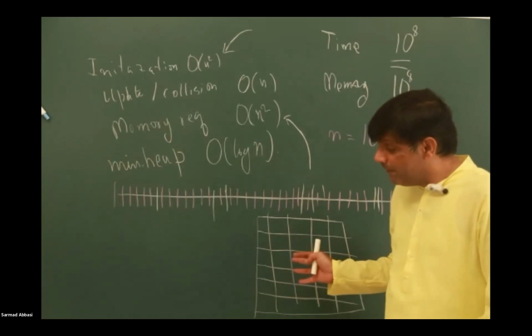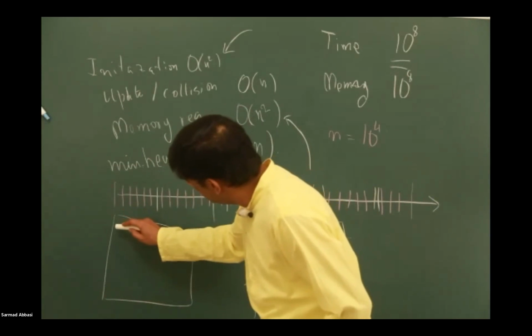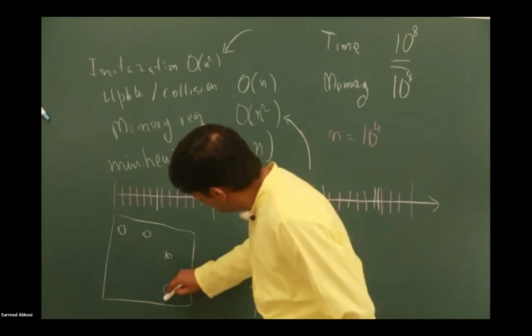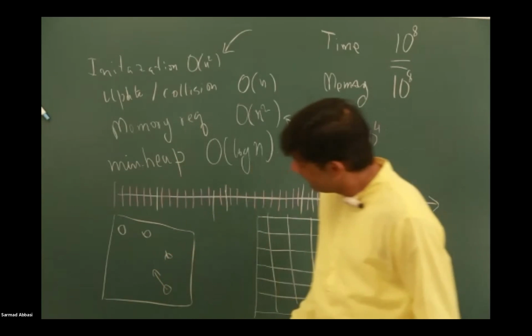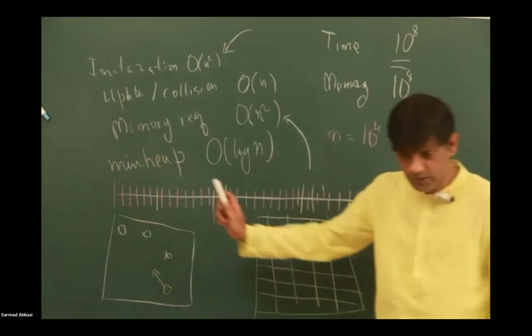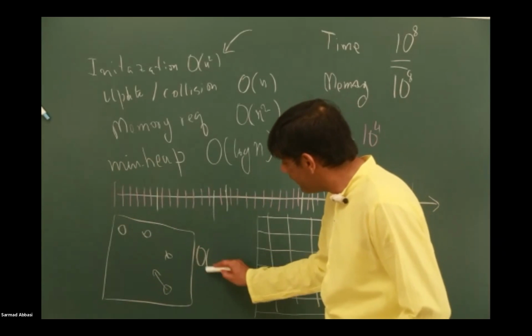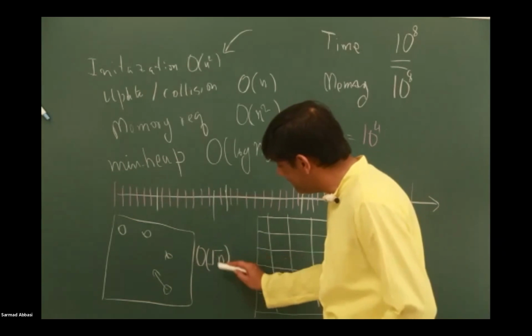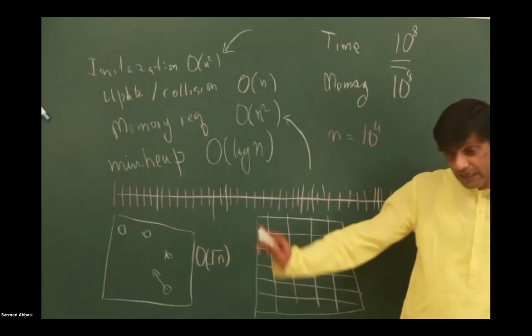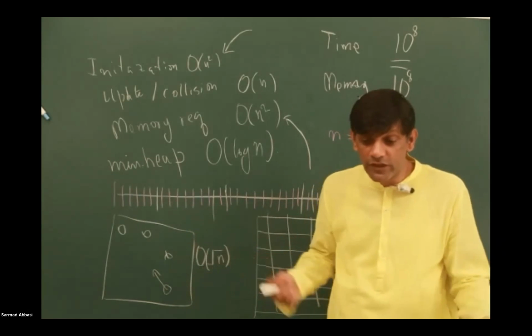It's not a deterministic thing, but you can convince yourself that in a hardball simulation, if you have a particle and you let it go straight and calculate the collisions, it's going to roughly hit about square root of n other particles. The other ones, the answer is going to be infinity.